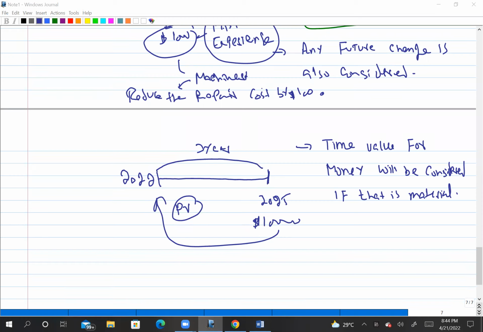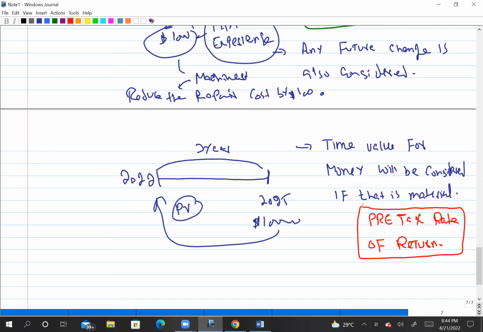We will consider the time value of money, and for discounting purposes, we will use the pre-tax rate of return.